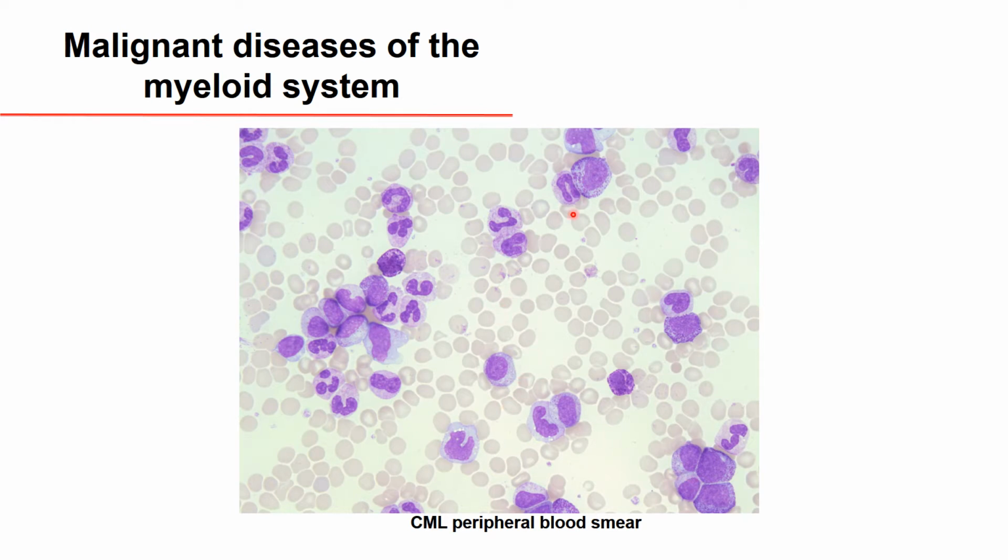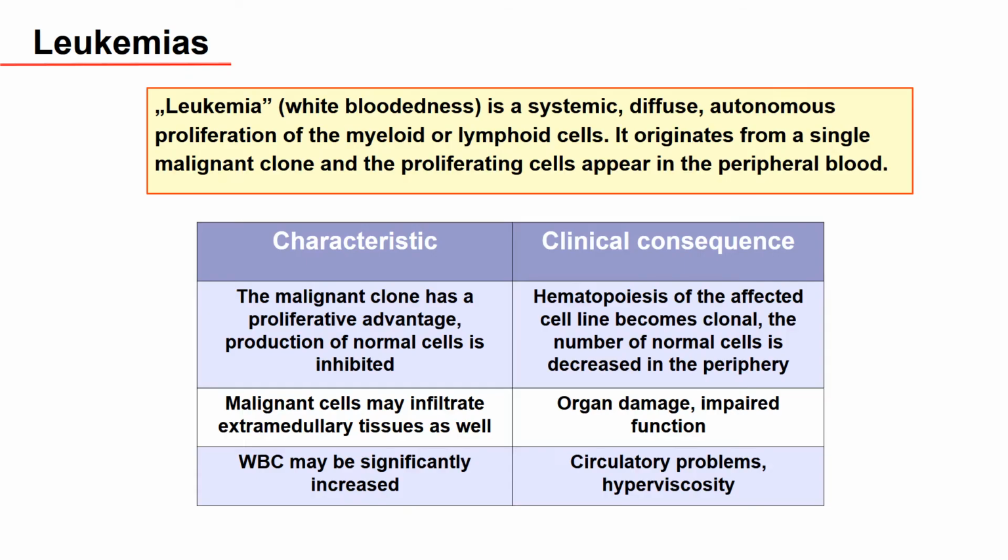But as you can see here, we do see some early precursors of the myeloid line, such as the promyelocytes or maybe the myeloblasts, but mostly the myelocytes and the metamyelocytes. These are the 2 or 3 cell types that are very frequently elevated in the peripheral smear.